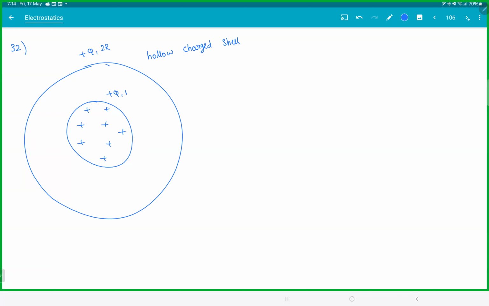This charge is also q and the radius is r, and this is a solid sphere. Concentric, they have the same center. O is the center. This is A, this is B, this is C. So O to A, the distance is r by 2. O to B distance is 3r by 2. O to C distance is 5r by 2.